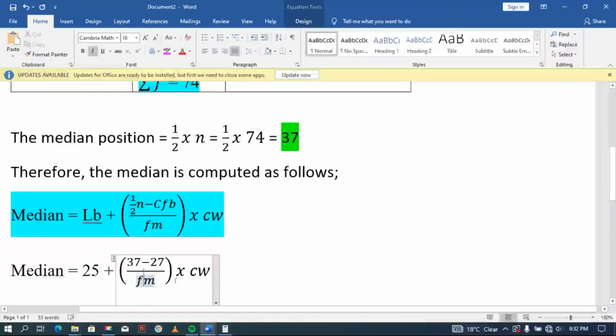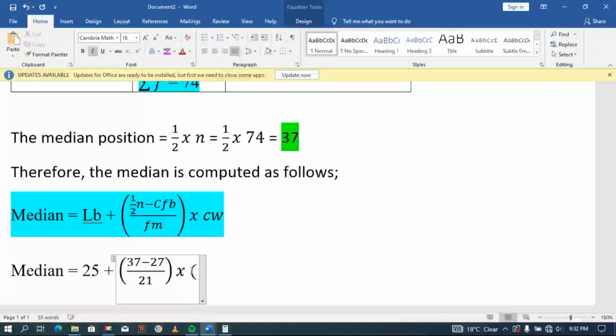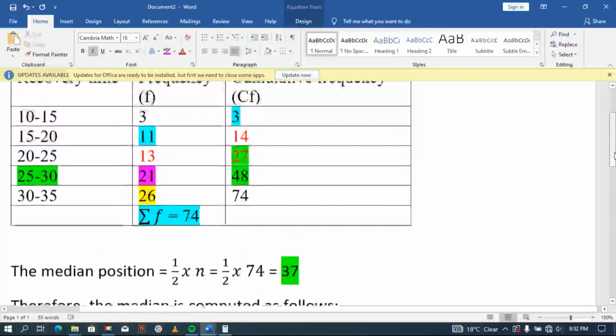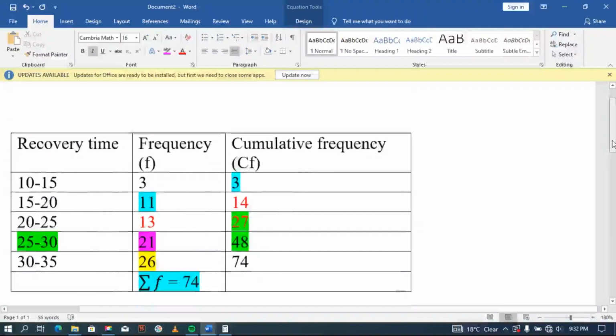And then the class width of that class, as we said, is the difference between the upper class boundary and the lower class boundary. So the upper class is 30, the lower is 25. So the difference between those two limits or boundaries is the class width. Now let's proceed and work it out.